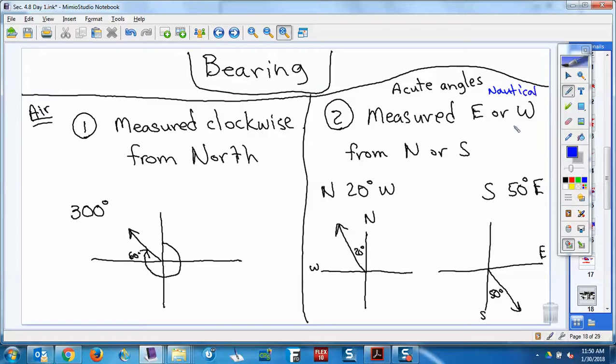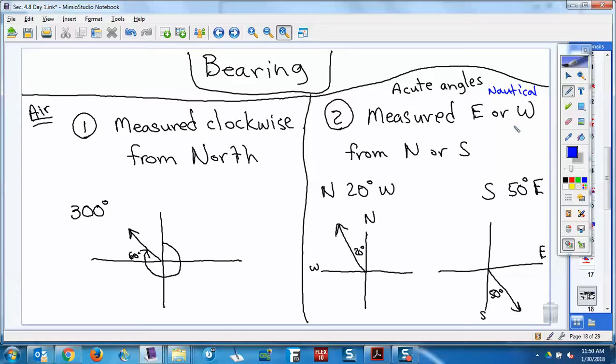You're going to see this in problems of that kind, but you'll be given the bearing in one of these 2 different ways, and then you just continue to use that throughout the problem, whichever way you're given. Just understand, if it's air, it's going to be measured one way, and if it's on water, they usually use this. So let's just talk about both of them, okay?